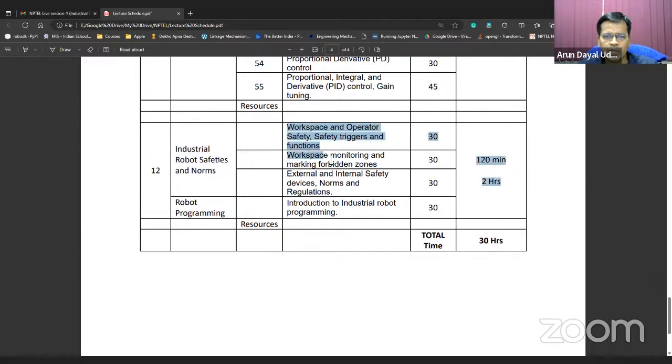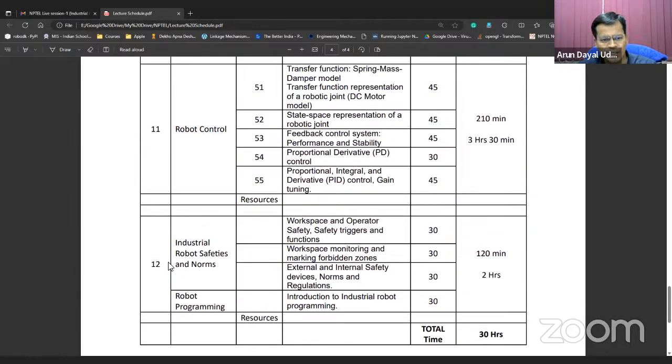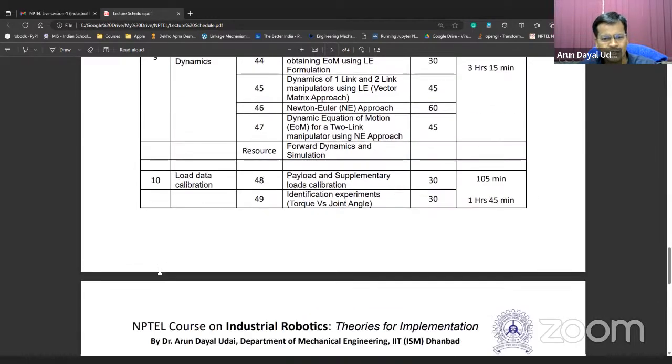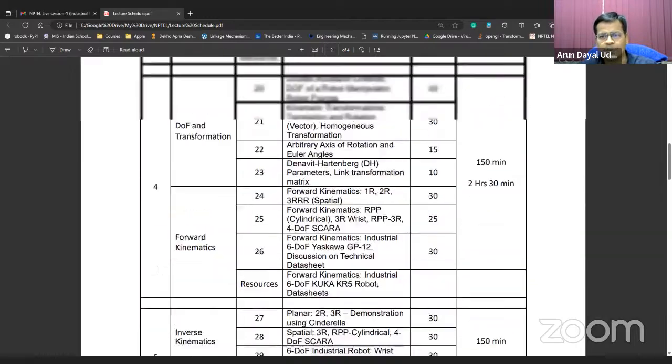So this is very, very important for industrial robot users who are working every day with the robots. It is also very important for freshers who are about to join any robotics industry or any robotic business. So be prepared and wait for something new, at least in module 12 and calibration. Okay, these will be the takeaway of this course.